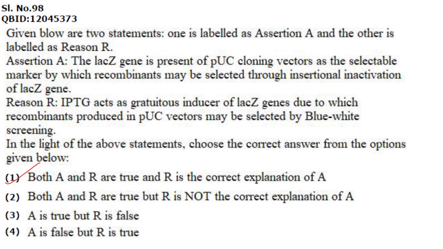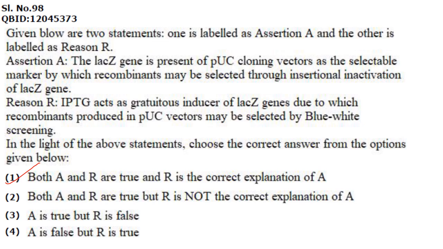Then next one. Again assertion and reason question. The LAC-Z gene is present in PUC cloning vectors as a selectable marker by which recombinants may be selected through insertional inactivation of LAC-Z gene. That is correct. IPTG acts as a gratuitous inducer of LAC-Z gene due to which recombinants produced in PUC vector may be selected by blue-white screening. That is also correct. Here what happens is in PUC cloning vector you have got a LAC gene. Now this LAC gene will have multiple cloning site in it.